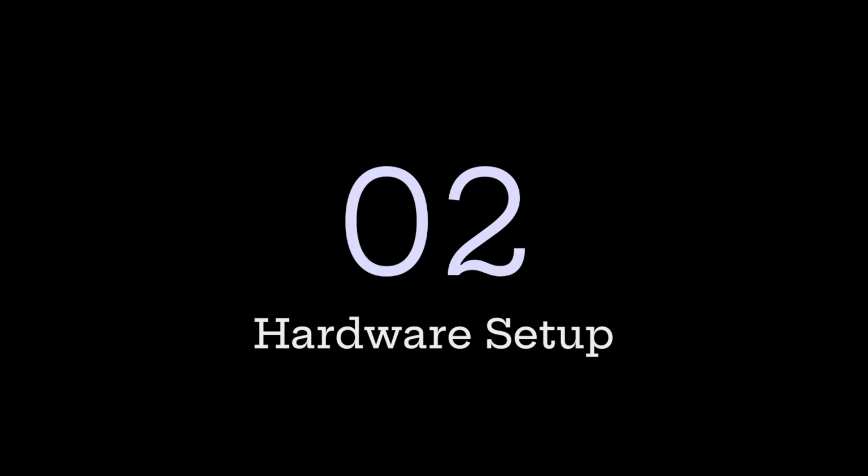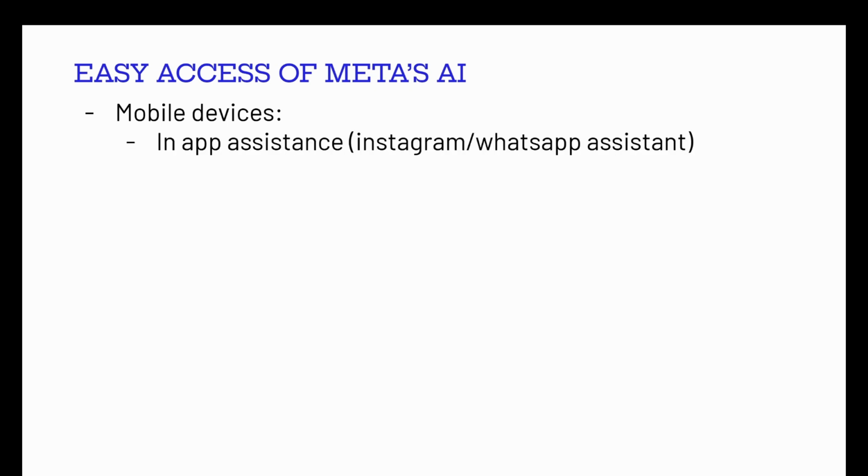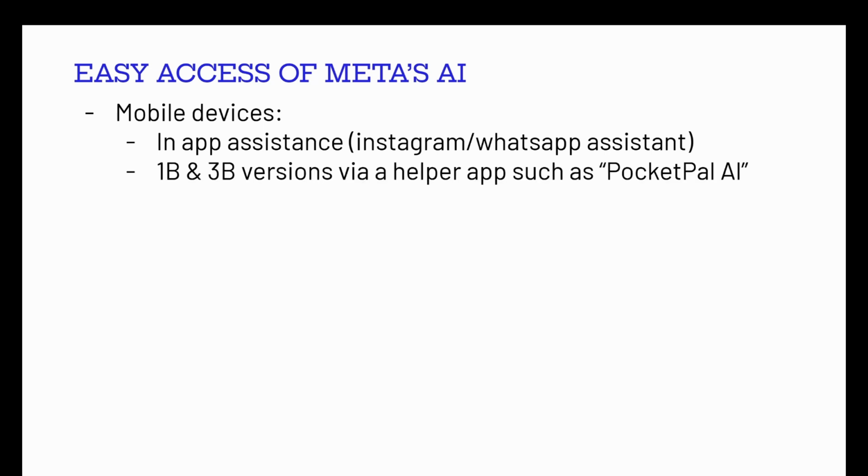So for the hardware setup, as I said, it's pretty easy to access a lot of Meta's AI. On mobile devices, there is in-app assistance through Instagram, WhatsApp, Snapchat, whatever, so it's very easily integrated. You can also get the 1 byte and 3 byte versions of Llama 3.2 via helper apps such as PocketPal, and this is for iOS users.